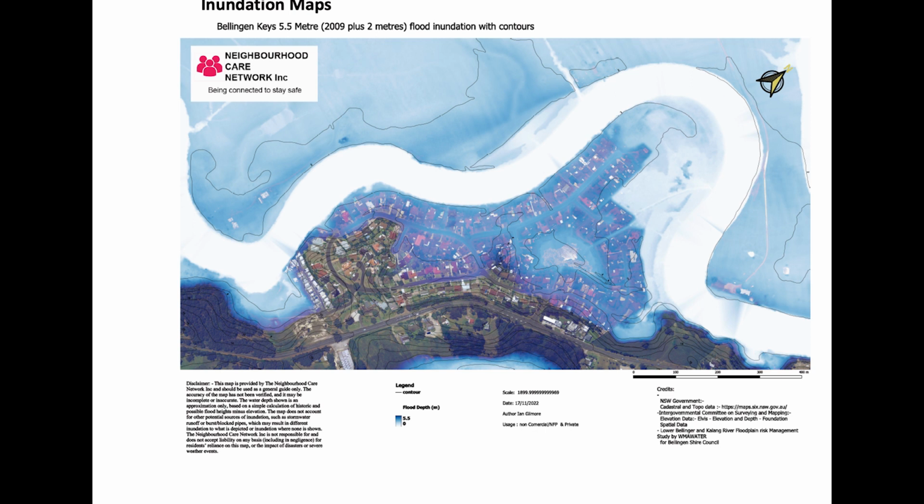I've taken the elevation data and I've taken the flood heights. In this case, I've used the 2009 flood plus 2 metres, which is the 5.5 metre flood. This particular area is Bellingen Keys, and it shows where the water would be covering in a 5.5 metre flood.